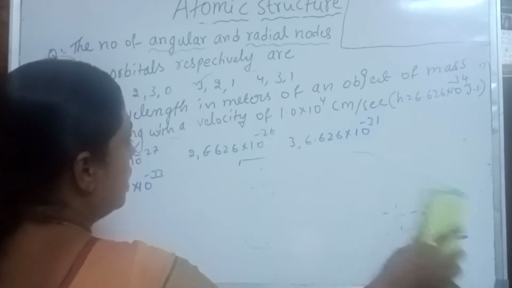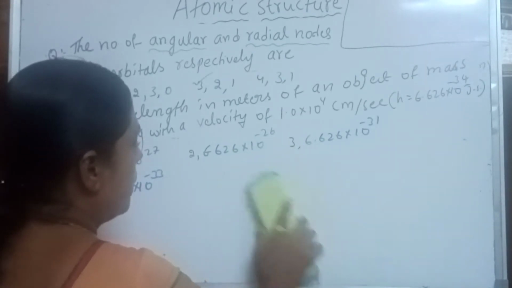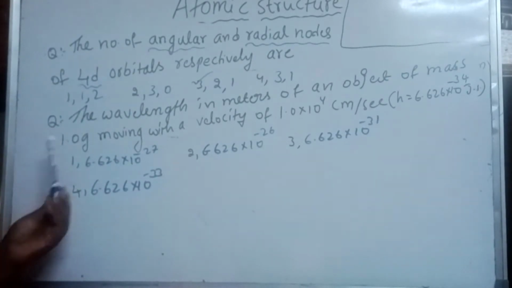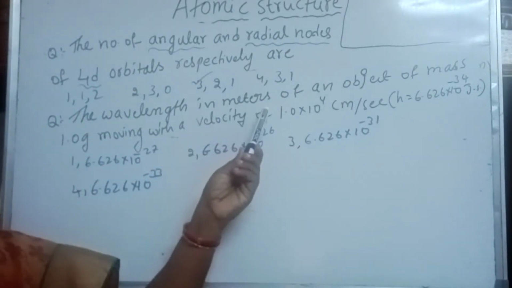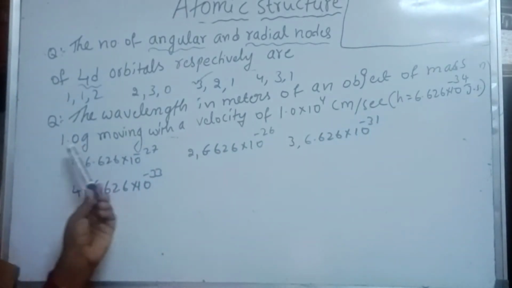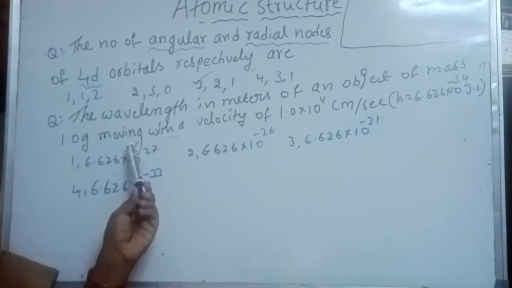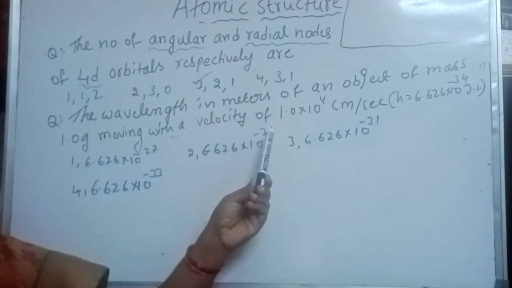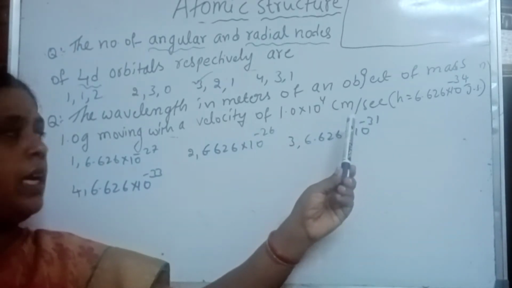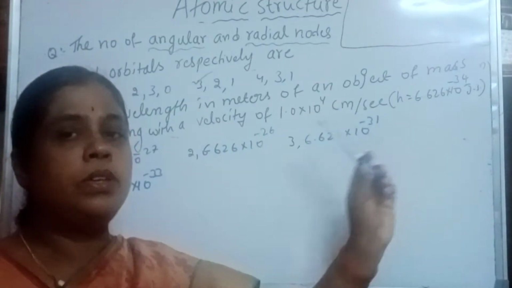And the next question. The wavelength in meters of an object of mass 1.0 grams moving with a velocity of 1 into 10 to the power of 4 centimeters per second. The h value is also given.